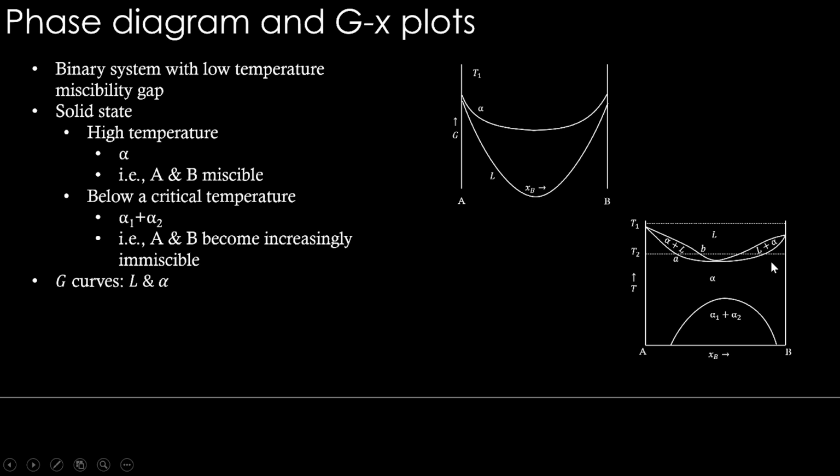Similarly, on this side, the tie line starts at this C point and ends at this D point. We need to get this tie line information from common tangent construction. You remember the common tangent touches two phase Gibbs energies. Those composition points basically give the tie line in the phase diagram, right? So we need to find this tie line and then this tie line. So two tie lines should come, therefore two common tangents should come. Let's see how that comes.